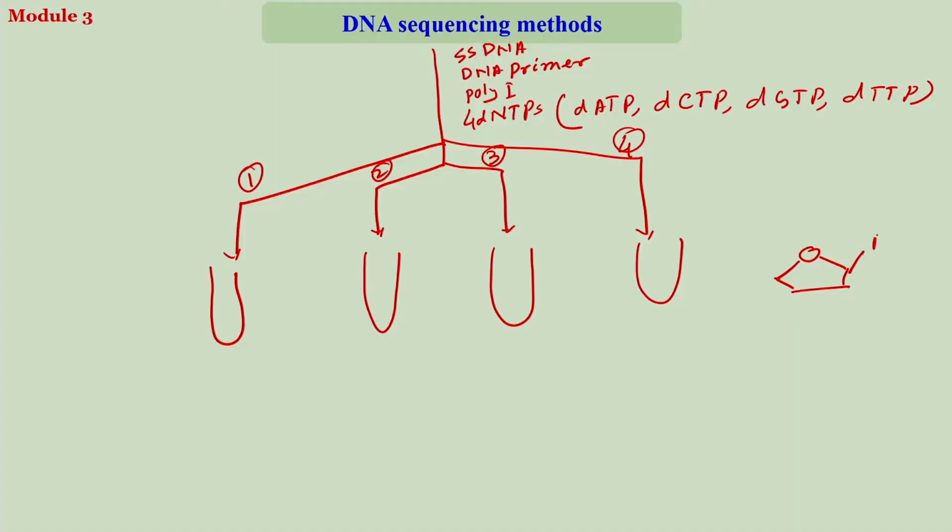So, along with all the 4 dNTPs, Sanger has used this molecule. This is the nucleobase A, T, G, C, with H, O, and phosphate at 5 prime, and I am not writing the whole of it, P and P, triphosphate.